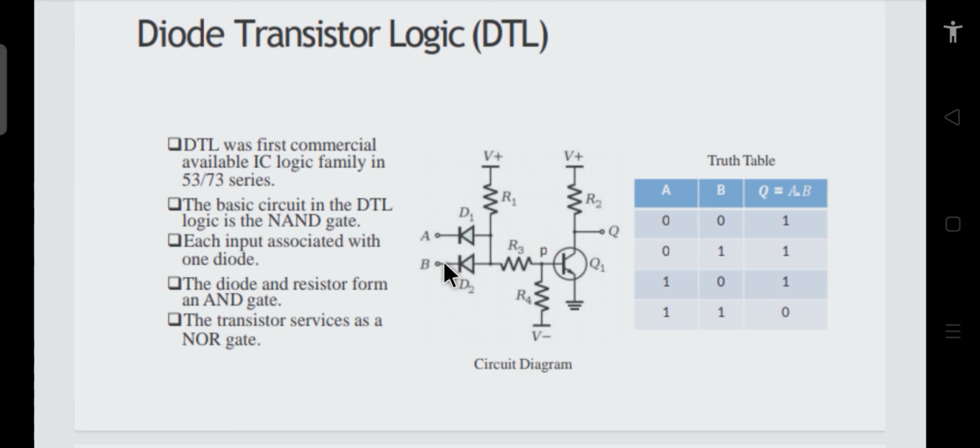These are the two inputs, and the diodes are connected in such a way that if an input is low, then only those diodes get forward biased. Otherwise, if the input is high, those diodes will get reverse biased. So if we apply 0 to both the inputs, then in that case these two transistors will be on.